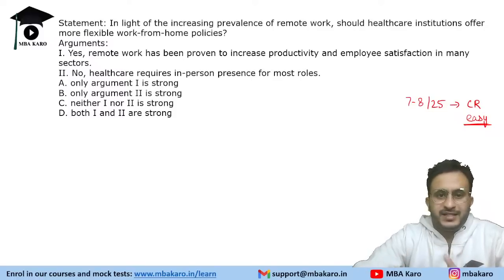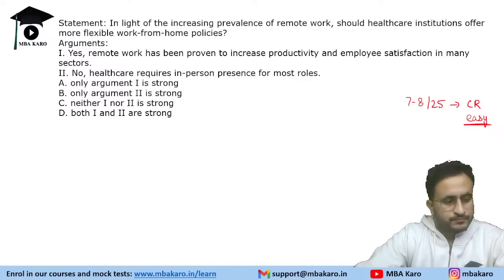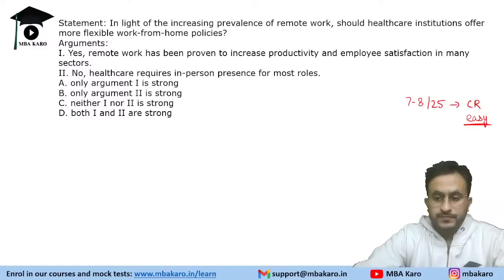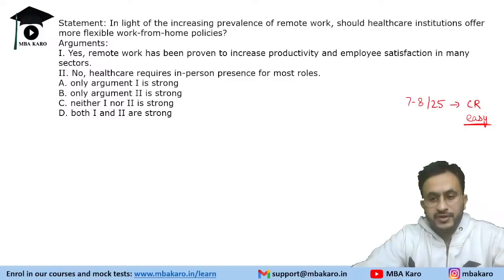The statement says, in light of the increasing prevalence of remote work, should healthcare institutions offer more flexible work from home policies? We are given two arguments, and you need to tell which of the following arguments is strong. Keep this in mind whenever you have a question based on strong or weak arguments.